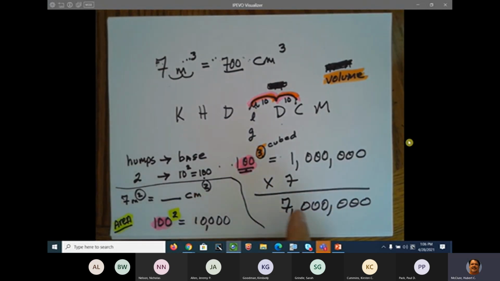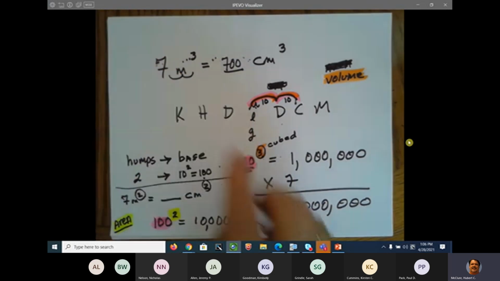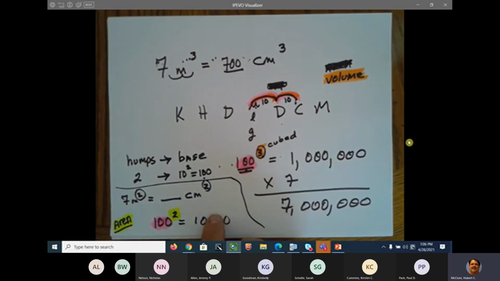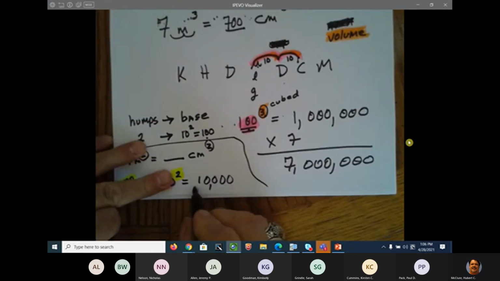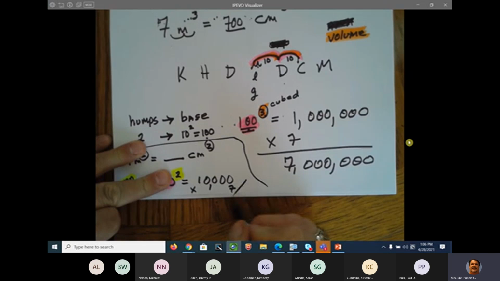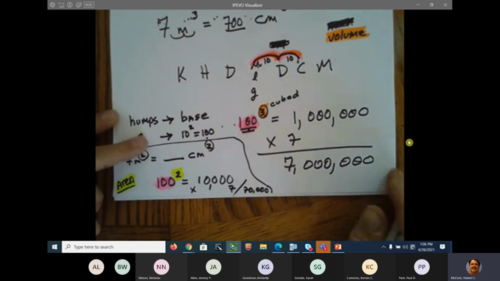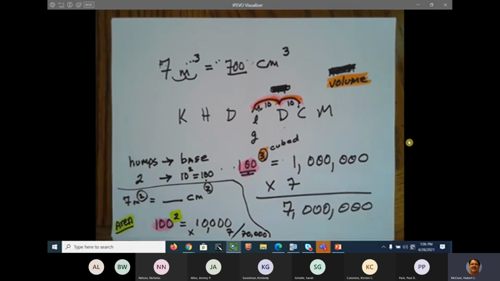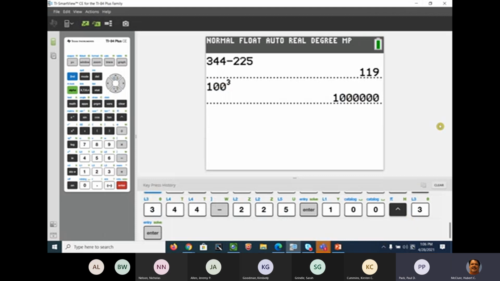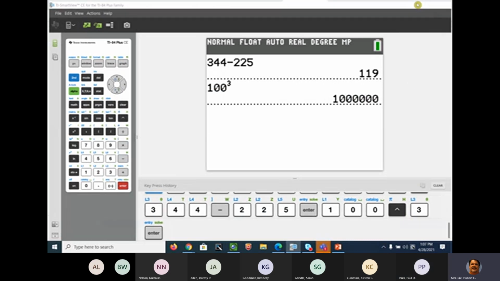Then you multiply the 7 by whatever you get. So this would be 70,000 in area. Okay, so that takes care of that. Keep moving forward.